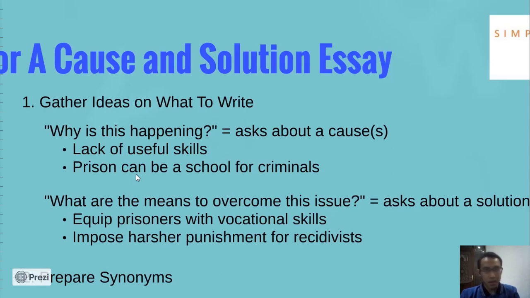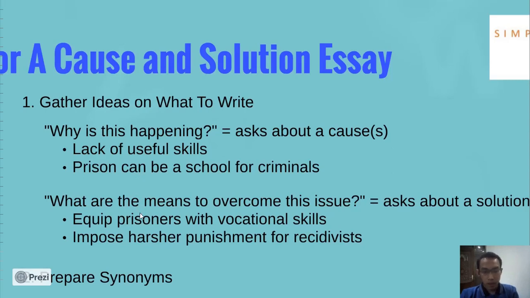By that I mean there can be a transfer of knowledge between prisoners in the prison. For example, a thief can inform his cellmates on how to steal a watch or a wallet in a glimpse of an eye, in a very quick few seconds. Okay, so that's an example on how to write causes.